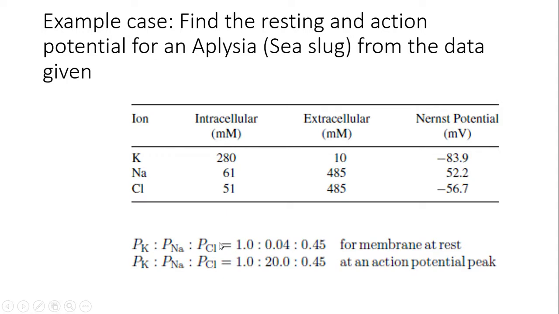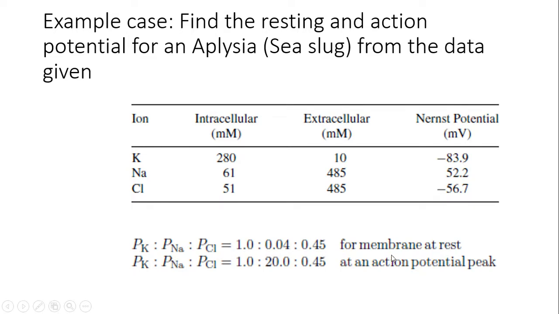So it's like a ratio of PK to PNa to PCl, 1 is to 0.04 is to 0.45. This is for the membrane at rest. PK, PNa, PCl of 1, 20, 0.45 applies at the action potential. So there are two different instances in which the permeabilities are given.